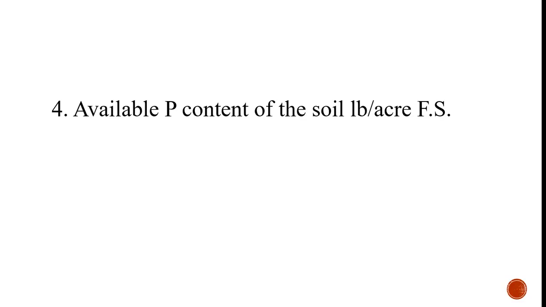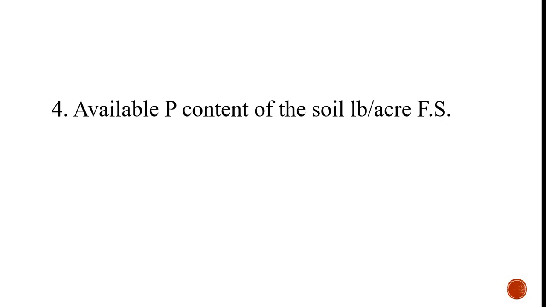Now, there's this assumption that we use to do this calculation. We understand that if we double the parts per million, we always get pounds per acre. So to get pounds per acre, we always have to multiply whatever value we have in parts per million by 2. I've done a video on how to do these conversions.